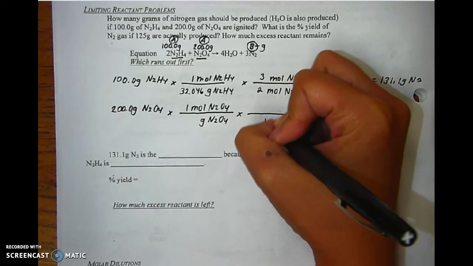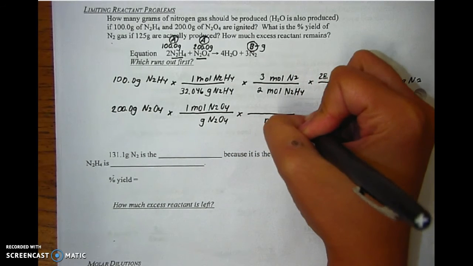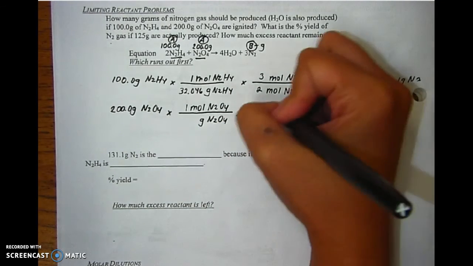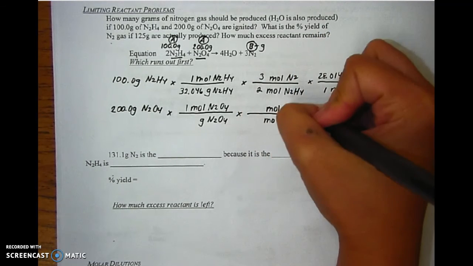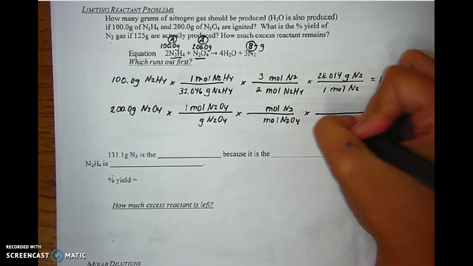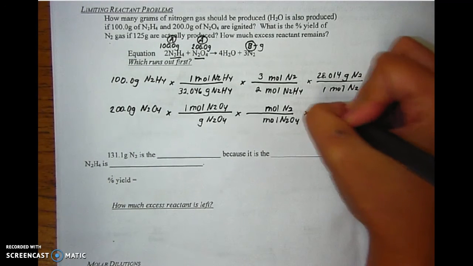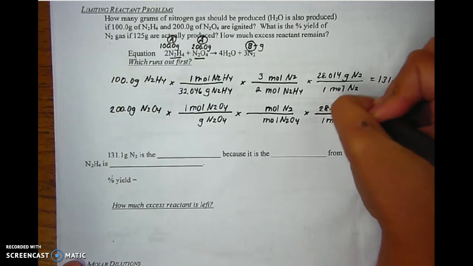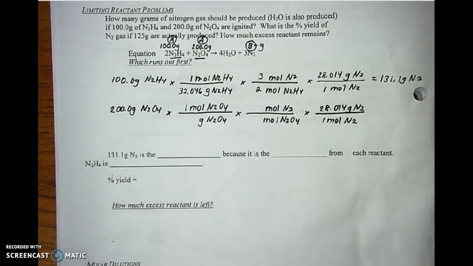And then dimensional analysis tells me I need moles of N2O4 on the bottom. I'm trying to convert it to moles of N2. And then I have 1 mole of N2 on top. And I know the molar mass of this already because I got it before. Okay, so it'll look like this, and we're just going to go ahead and fill in the rest.